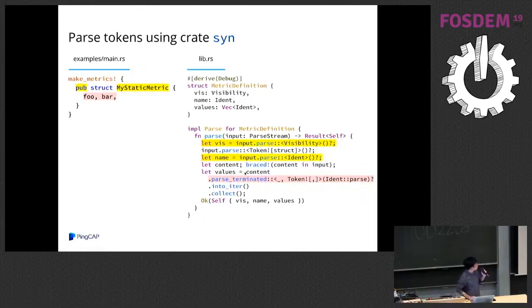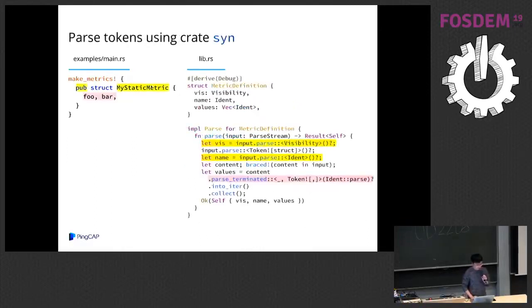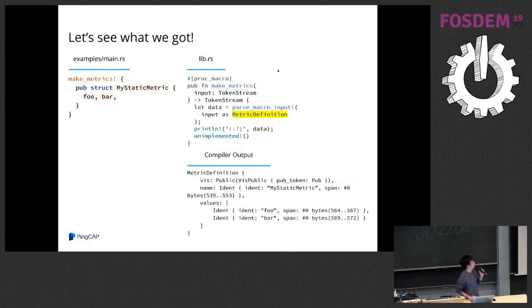So finally, I will parse these tokens into some vectors. So I create an iterator and collect it into a vector. Let's see what will happen. For example, I just wrote a parser and I will use it in this way. You can refer to the syn documentation and you will learn more. Here I just demonstrate a simple use case.